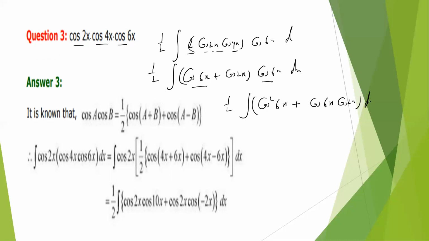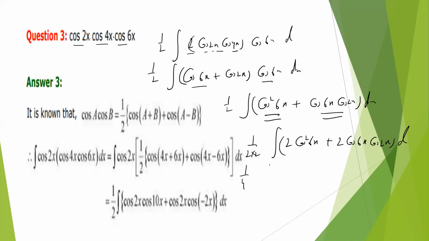But still here we find power is there and product is there. So again divide by 2 and multiply by 2. It becomes 2 cos 6x cos 2x. Now what is the formula for 2 cos²?